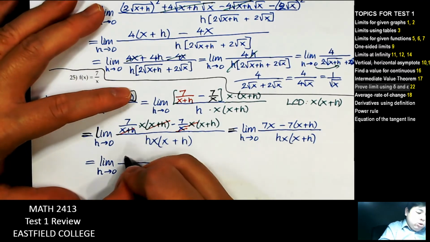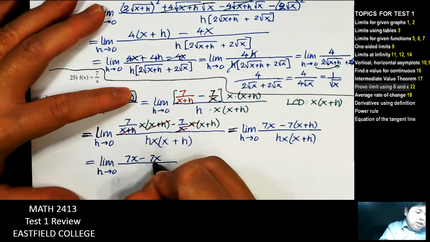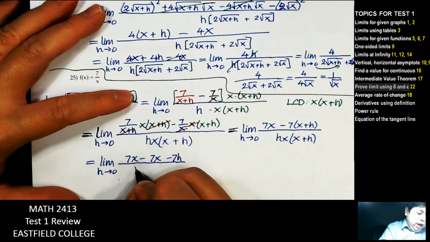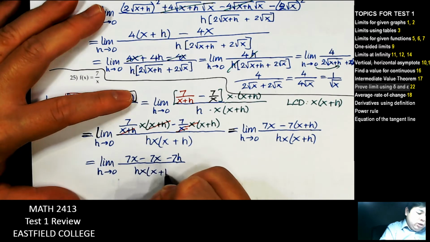So I multiply it out: 7x minus 7x minus 7h over hx times x plus h.